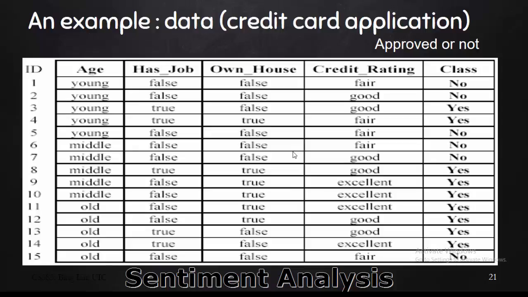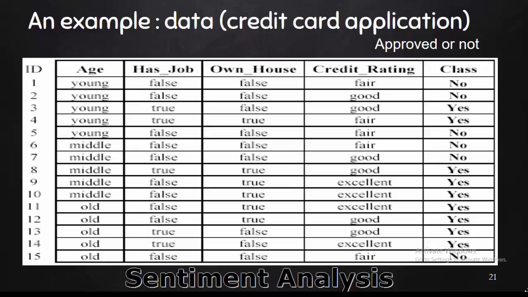So let's take ID one. The applicant is young, but he has no job, he has no own house, and his credit rating is fair. He will not get a credit card. There are 15 cases as you can see.